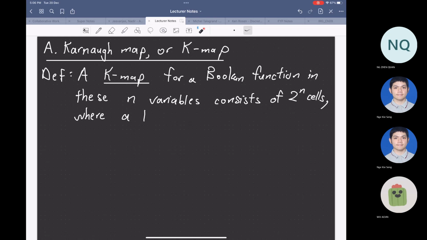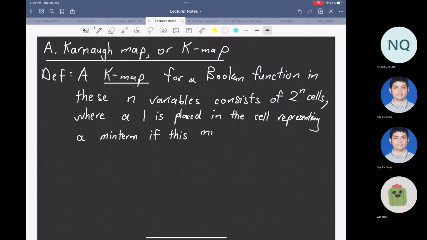And then you put a one in the cell if the min term exists in your expansion, if it represents this min term.